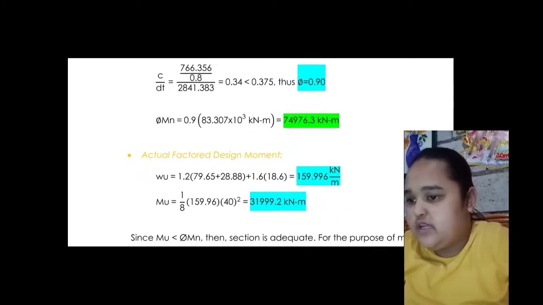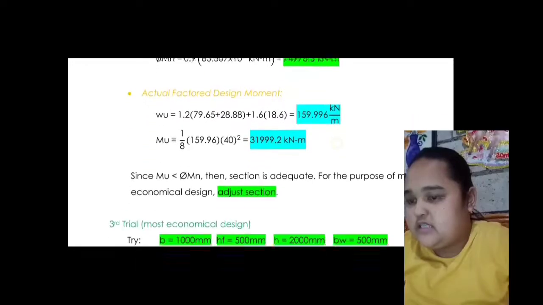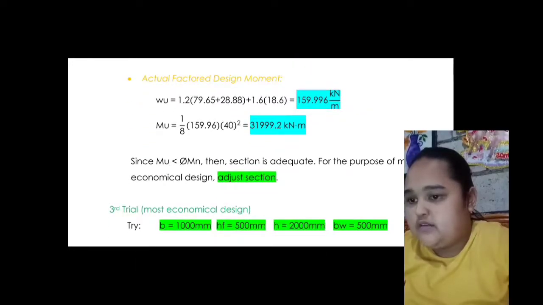MU is equal to 1 over 8 times 159.96 times 40 squared, which is equal to 31,999.2 kilonewton meter. Since MU is less than the ultimate moment capacity, then the section is adequate. For the purpose of a more economical design, adjust the section.